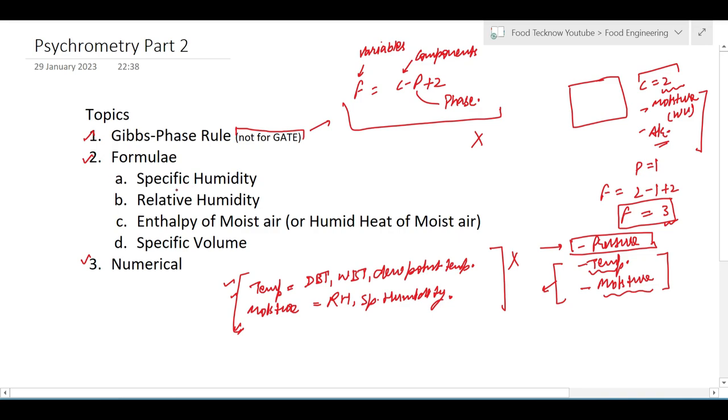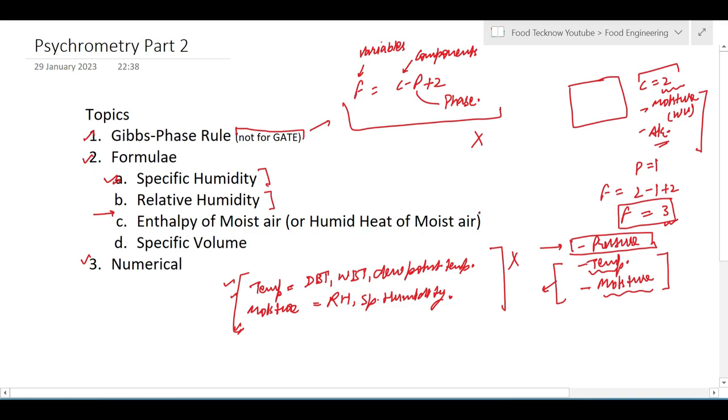So first we will look at the definition of the specific humidity, and after that we will derive some formula for the specific humidity, then the relative humidity, and meanwhile we will also solve some numericals if possible, and then we will look at the enthalpy of the moist air, or the humid heat of the moist air.